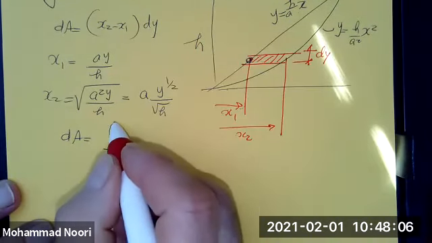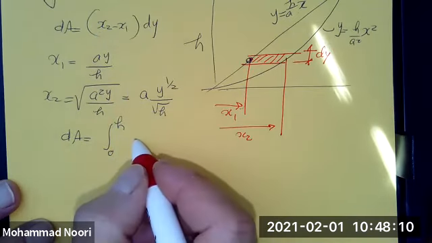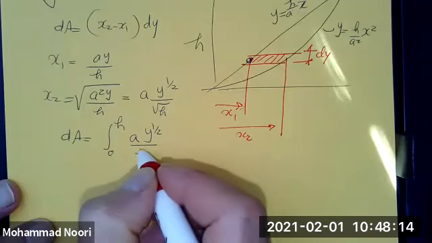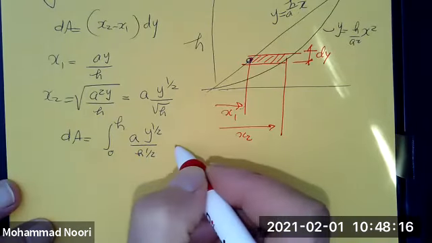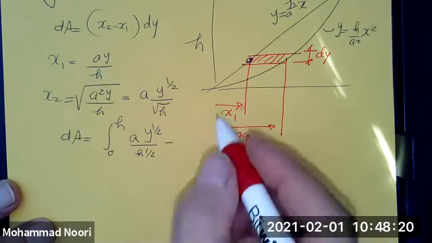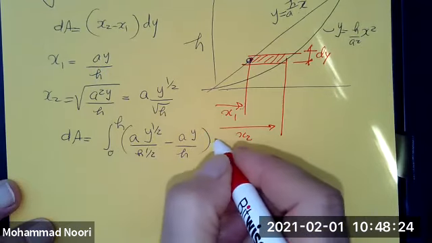So it would be the integral from 0 to h of a y to the 1/2 over h to the 1/2, minus this a y over h, dy.